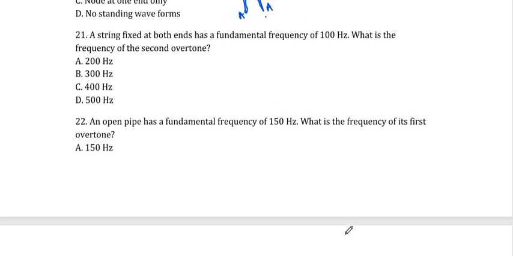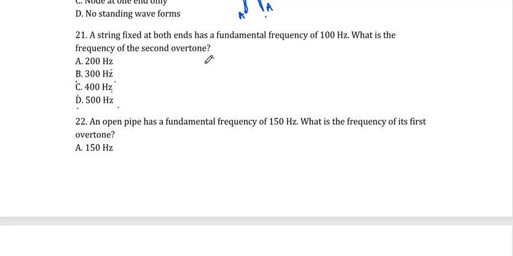Now the next question. A string fixed at both ends has a fundamental frequency of 100 Hz. What is the frequency of the second overtone? A. 200 Hz, B. 300 Hz, C. 400 Hz, D. 500 Hz.